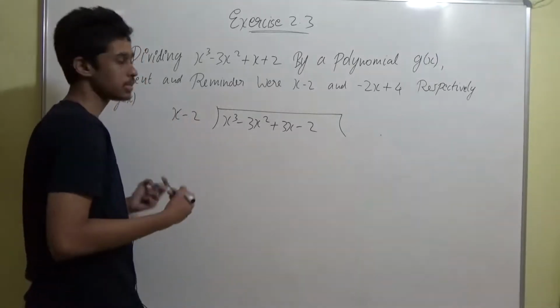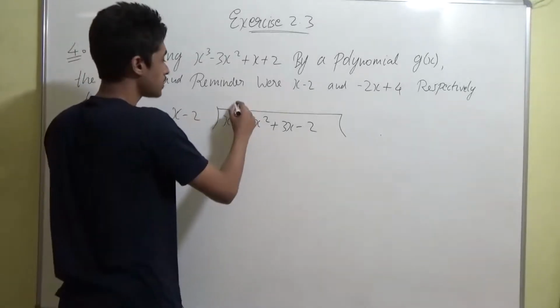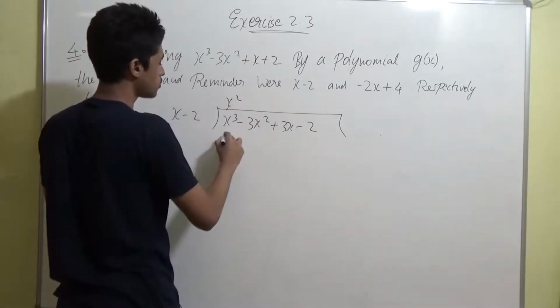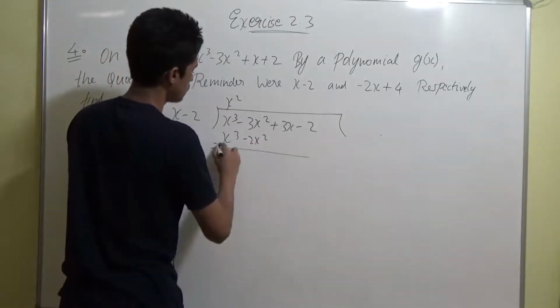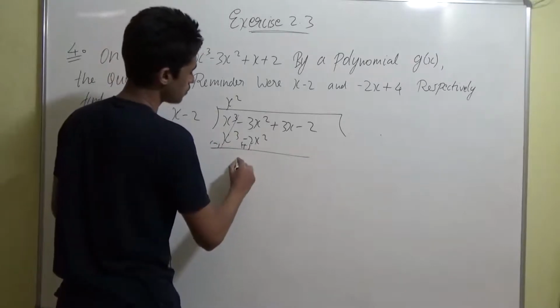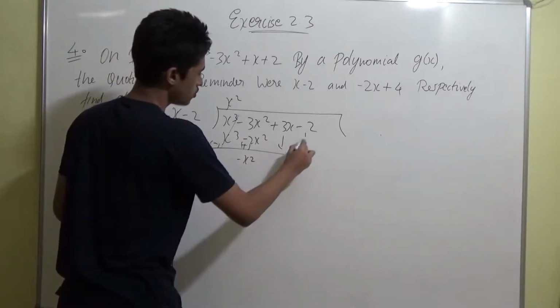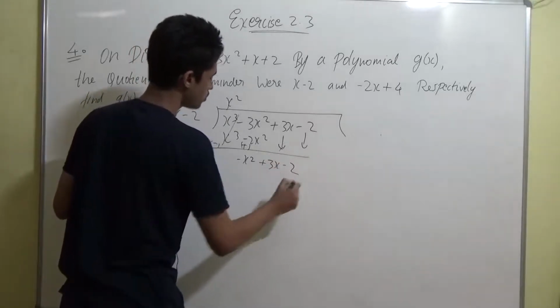So we'll do this division, guys. This is simple division. Even you can do it along with me. So x into what is going to give us x cube? It's x square, right? x square into x is going to give us x cube, and this becomes minus 2x square. So this gets cancelled, right? And then this becomes plus, so it becomes minus x square. These two are going to come down. It becomes plus 3x minus 2.